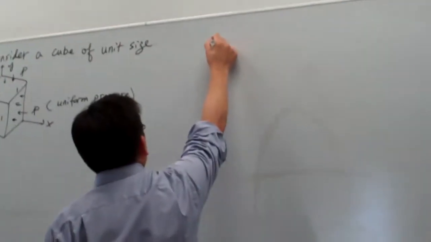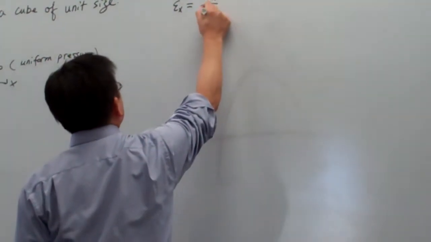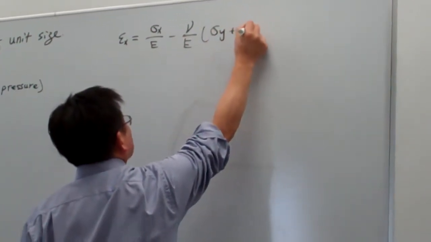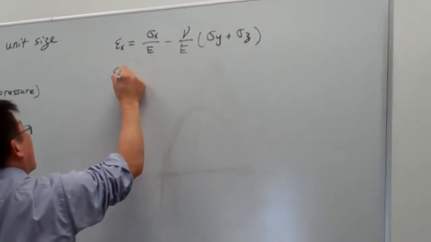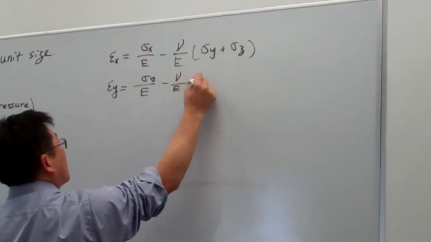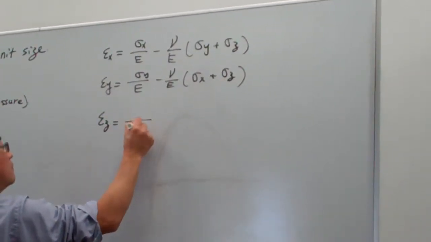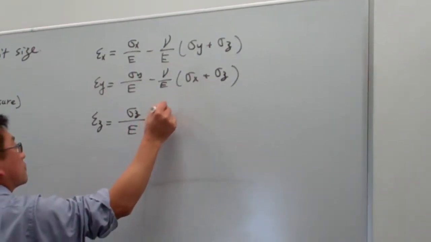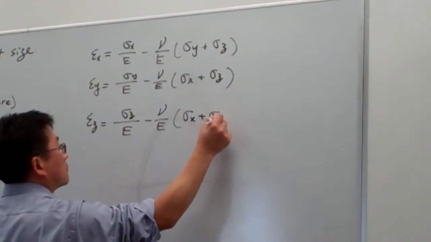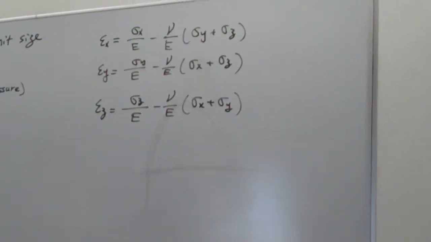From Hooke's law, we have epsilon x equal to 1 over E times sigma x minus mu times sigma y plus sigma z, and so on for y and z. So that is Hooke's law.